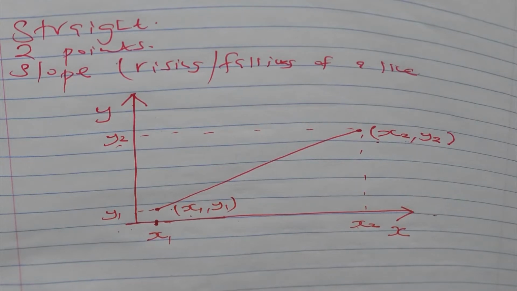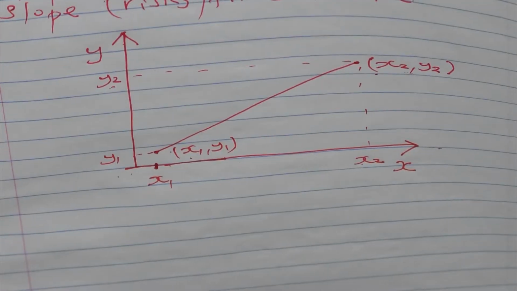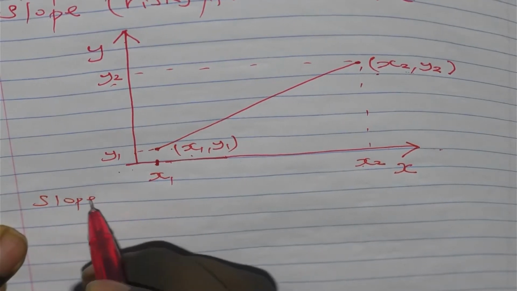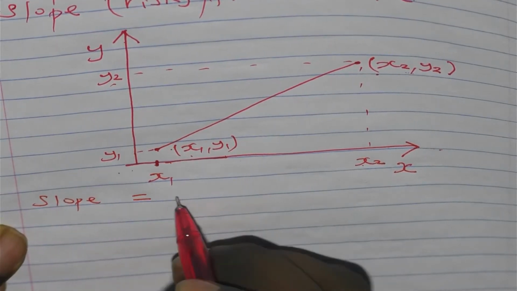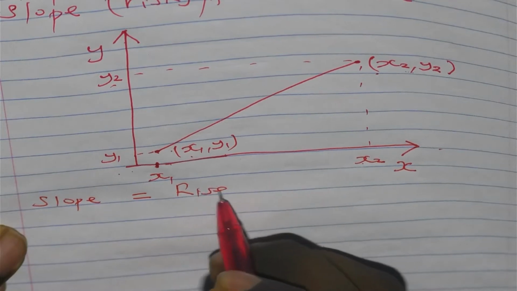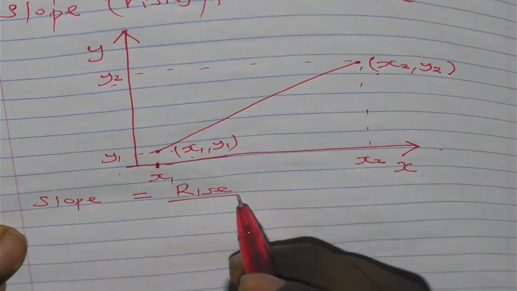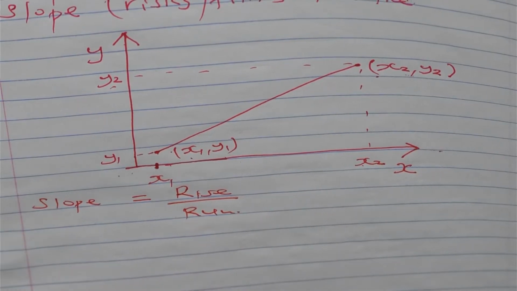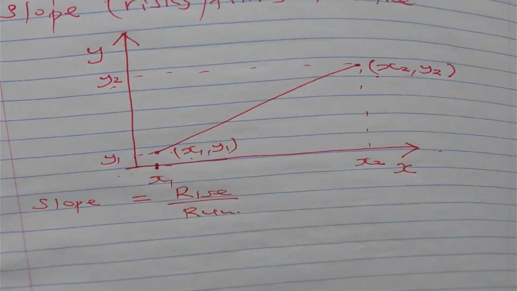So we're supposed to explain what a slope is. A slope is definitely known as the rise of a line all over the run of the line. A lot of L's and R's here.